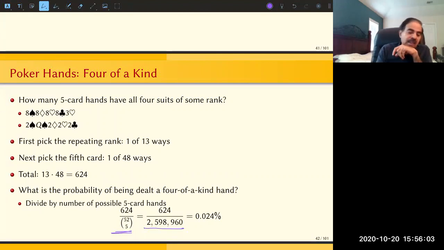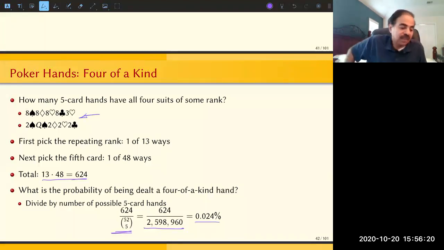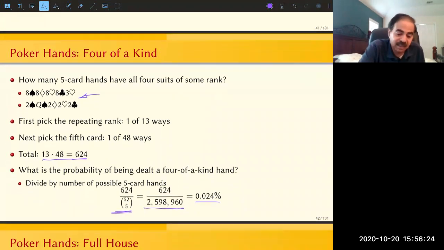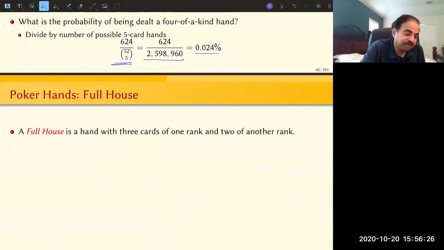In contrast, this is a pretty small number. So the probability of getting this is quite small. If this is a good hand and you get it, then you know that you are really lucky.